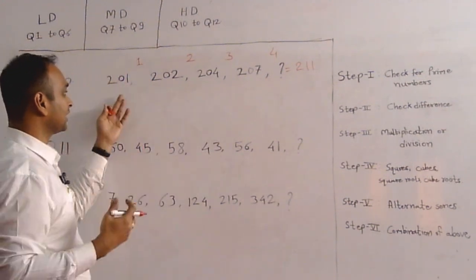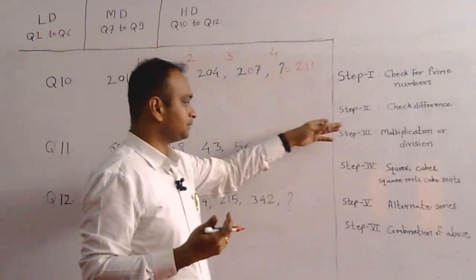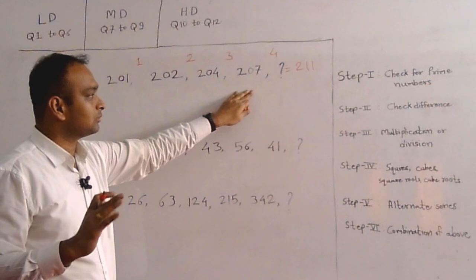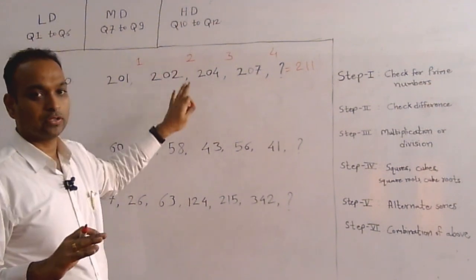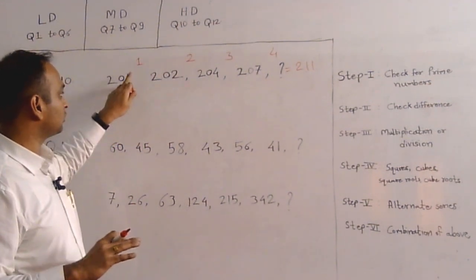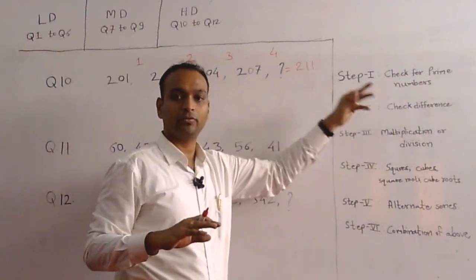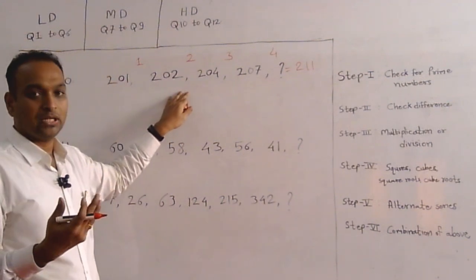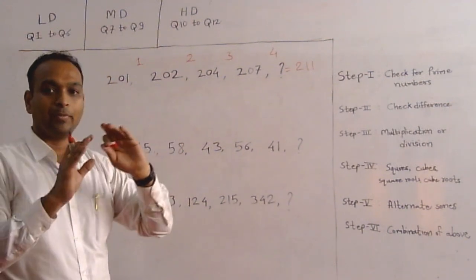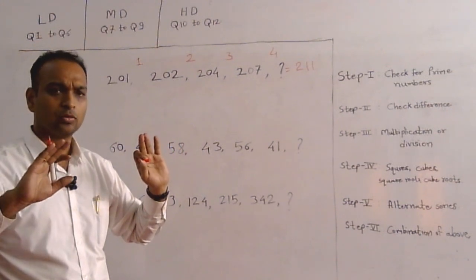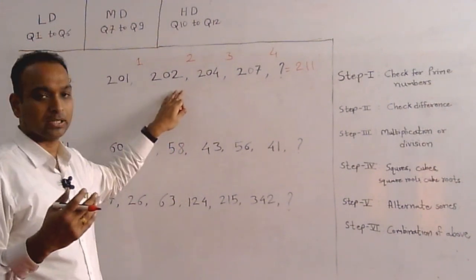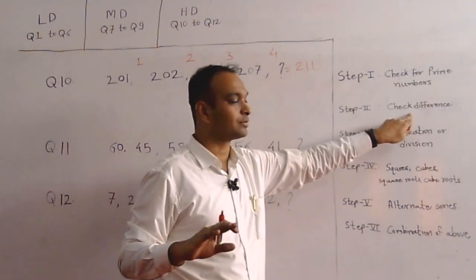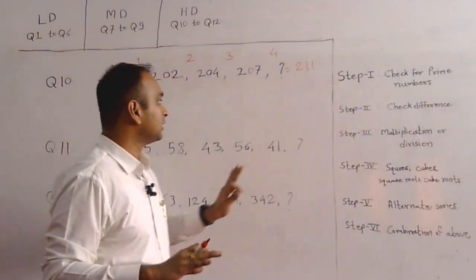You will start thinking about other logics, but you will not find any answer here, and that is why this is of high difficulty level. So if you are trying this by difference method, you will easily solve this, right? So my suggestion will be, in case of number series problems, almost 80% of the questions of this topic can be solved by this single logic, difference method, checking the differences, right?